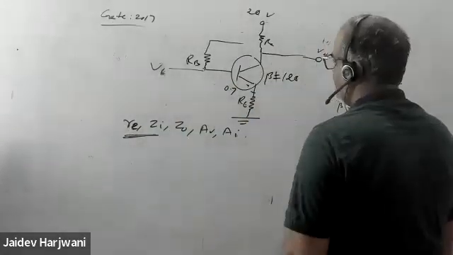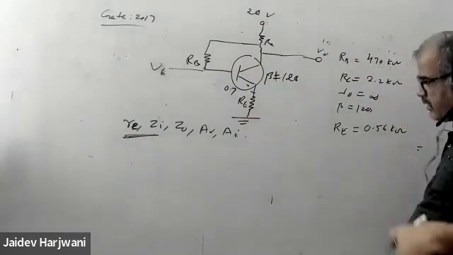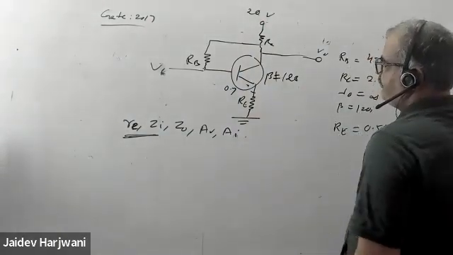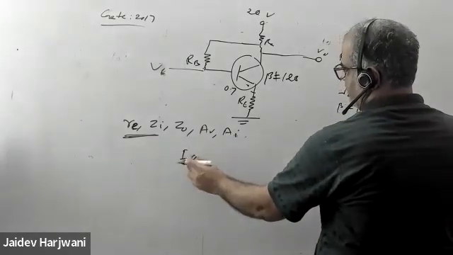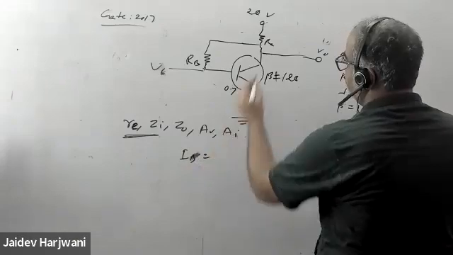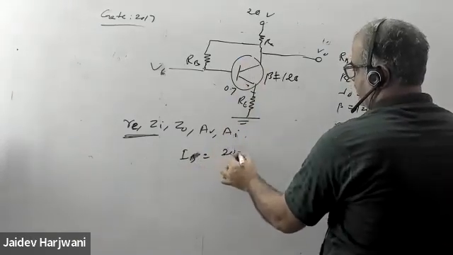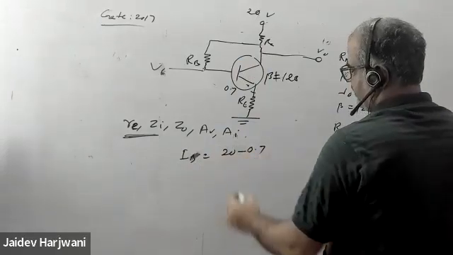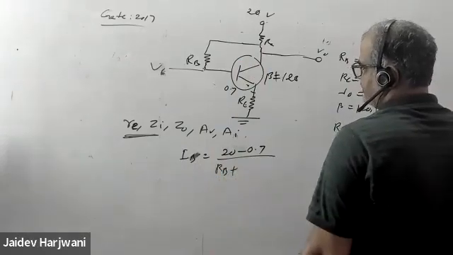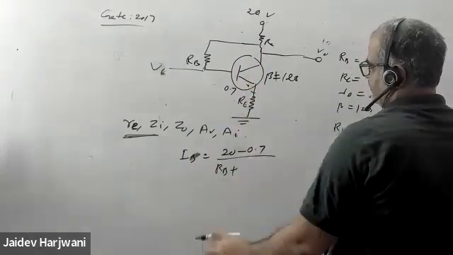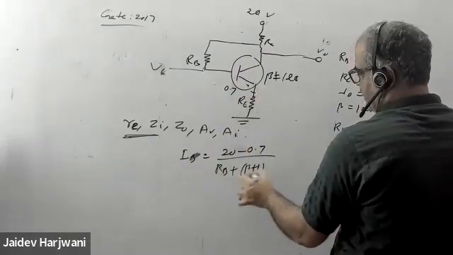So first you need to calculate IB. IB will be simply VCC minus VBE, that is 20 minus 0.7, divided by RB plus beta plus 1 RE.